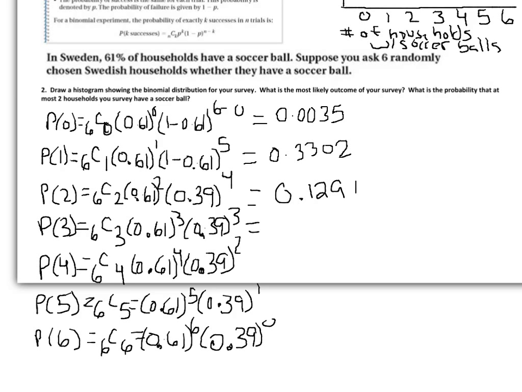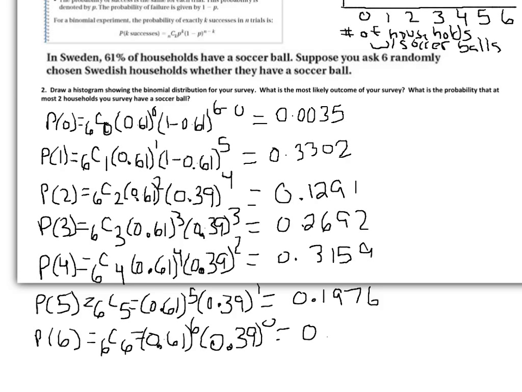The fourth one is 0.2692. The fifth one 0.3159. Sixth one here 0.1976. And the last one 0.0515. Add them all up, they should be about 1. If you missed that, just go back and recalculate them, make sure they're all correct.